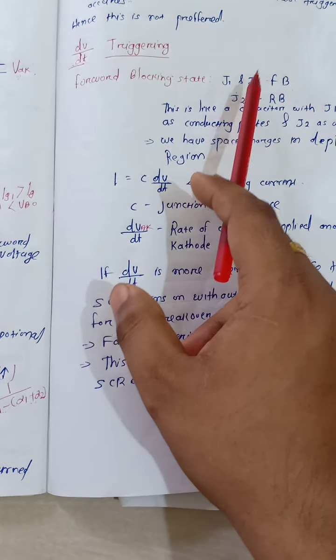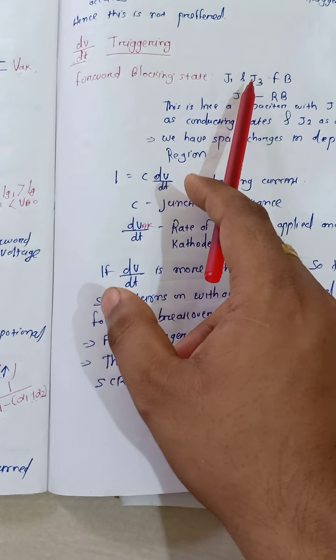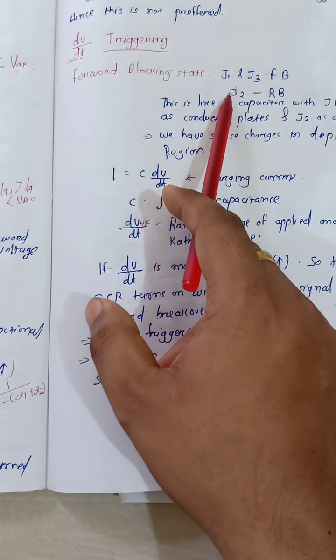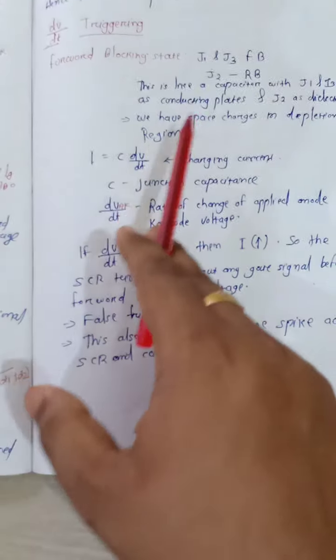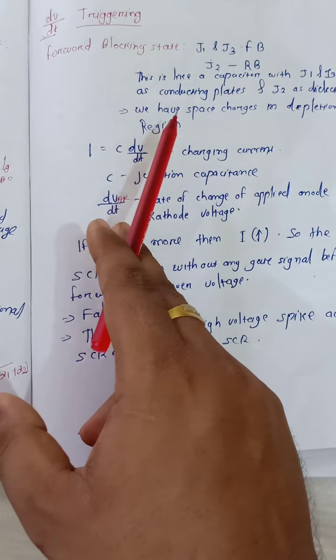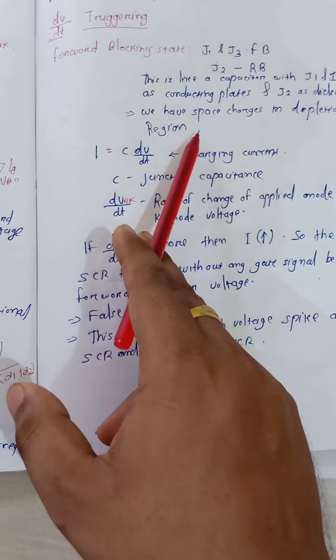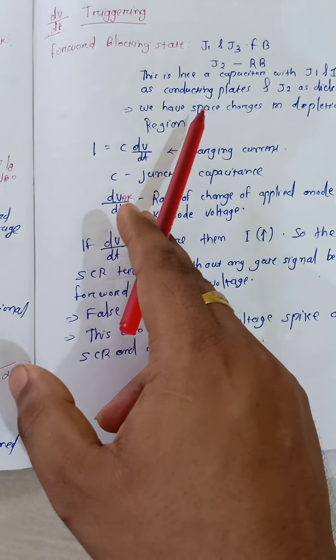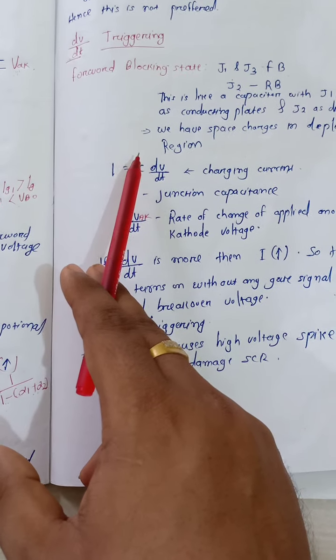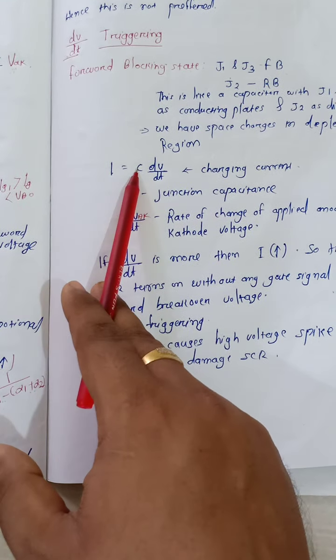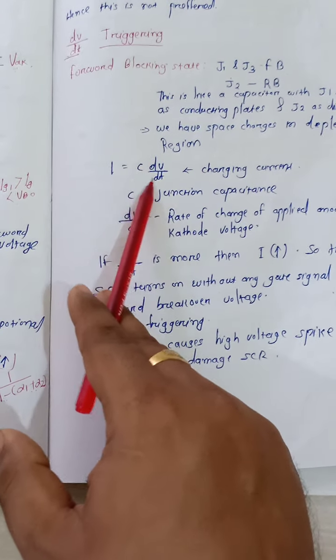So J1 and J3 junctions will act as conducting plates, and the J2 junction will act as a dielectric medium. So we have space charges in the depletion region near the J2 junction. So this will look like a capacitor, and as we know, the charging current of a capacitor is directly proportional to dV by dt.